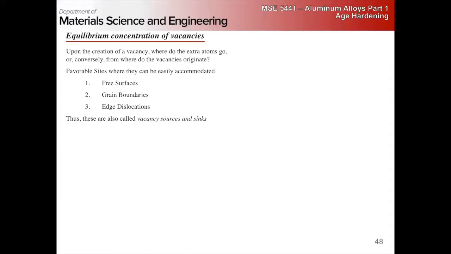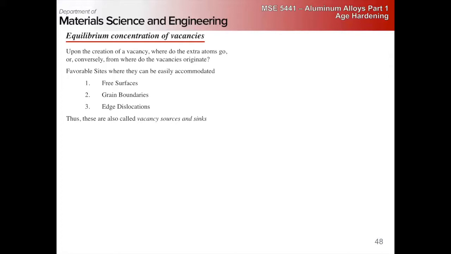New atoms hop from one layer to the next. Grain boundaries work the same way. We already said grain boundaries are these beautiful regions of open space in our crystal, right? So essentially, it's not hard for an atom to jump onto a new position on the grain boundary, creating an empty spot, and that vacancy can then diffuse in.